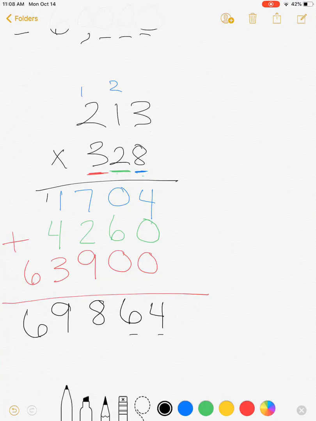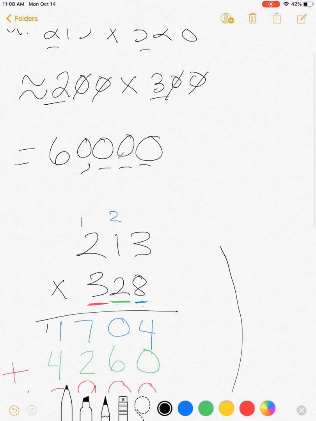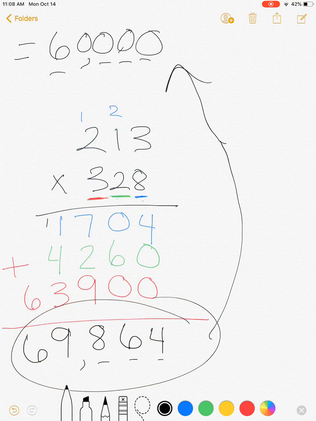And then 1, 2, 3, comma, and our final product is 69,864. And is that close? Yes, it's in the same place value, 60,000, 69,000.